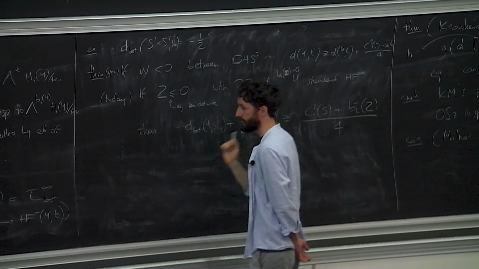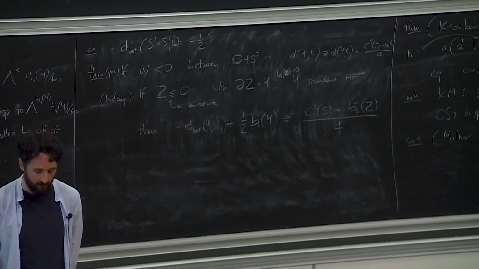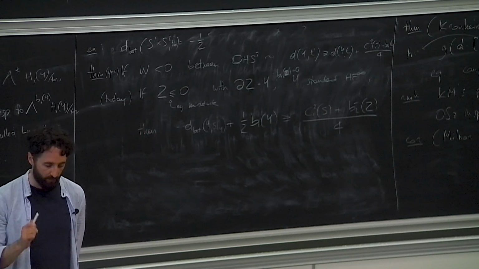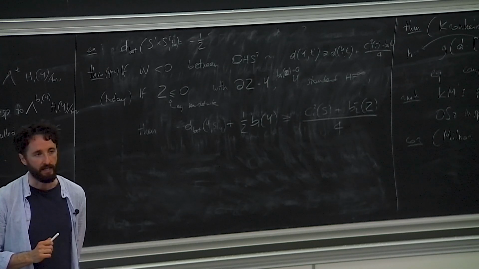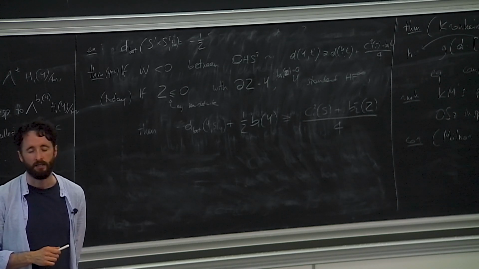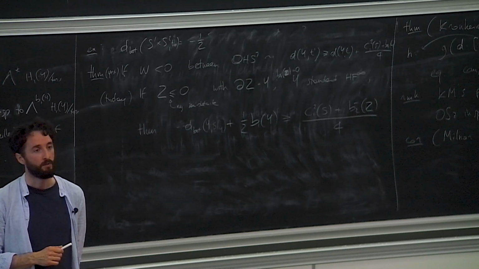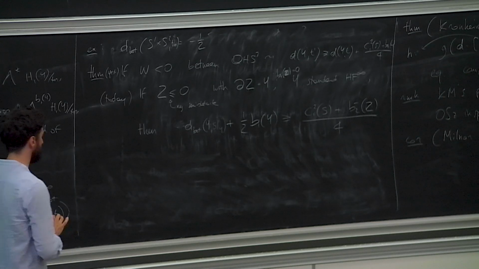I think that in this case, things are a bit more delicate. You can replace it with a different assumption, but you cannot just say it for any. I think you need that assumption. And the example that I think you want to have in mind might be D2 times S2.